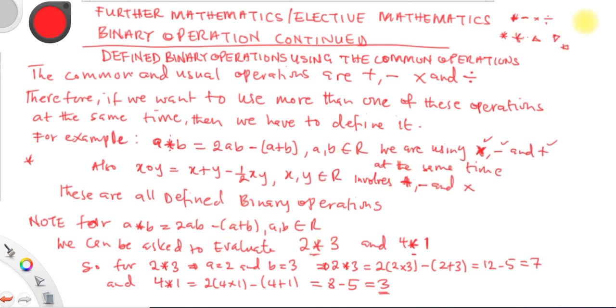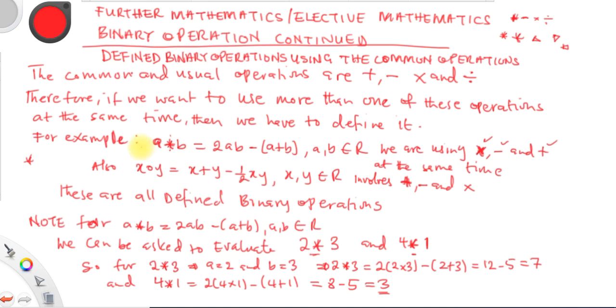Students, these are all examples of defined binary operations that involve more than one of the usual operations we know. Whenever the operation is defined like this, you can be asked to evaluate or simplify. For example, you can be asked to find 2 star 3.